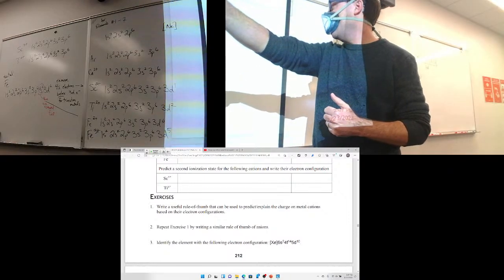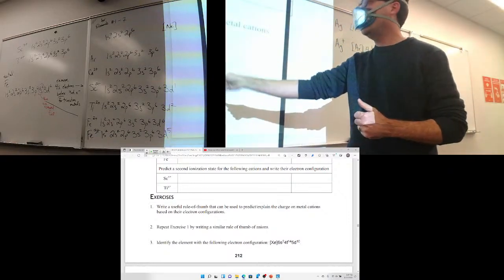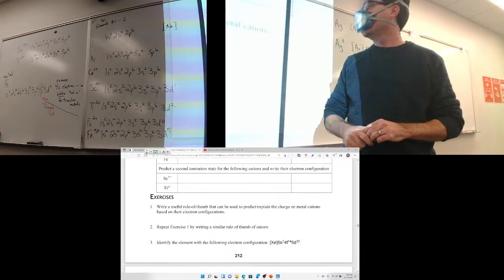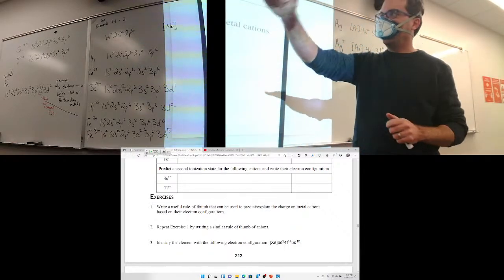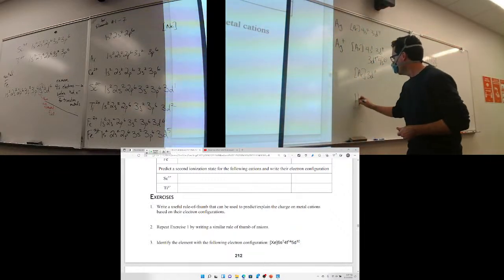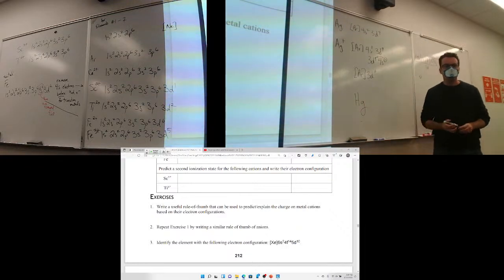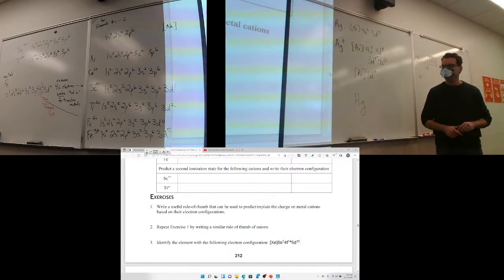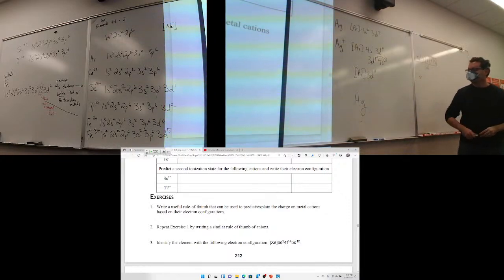So 6s2, 4f14, 5d10. So we're basically filling up the f shell, filling up the d shell, and that's it. Looks like this element to me. Mercury. Hg. Forgot what Mercury's old name is. Hydrargium, something like that. Anyway, that's why it's got this weird symbol.